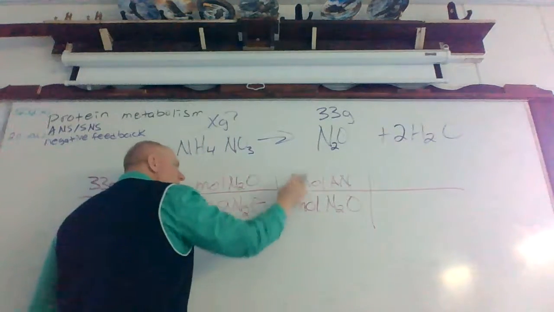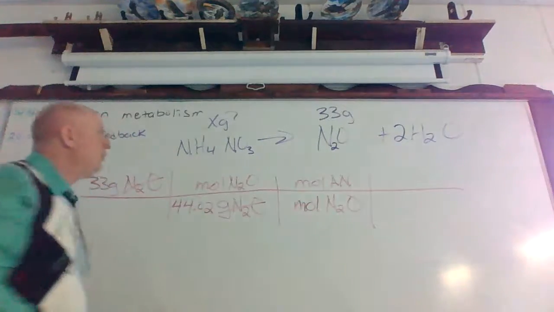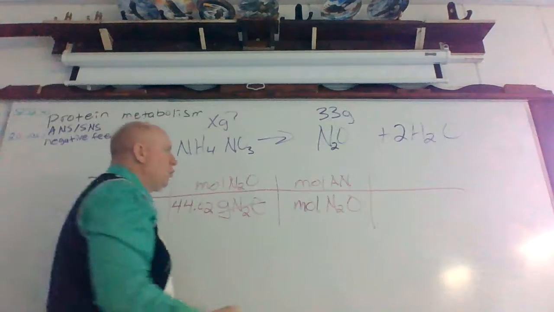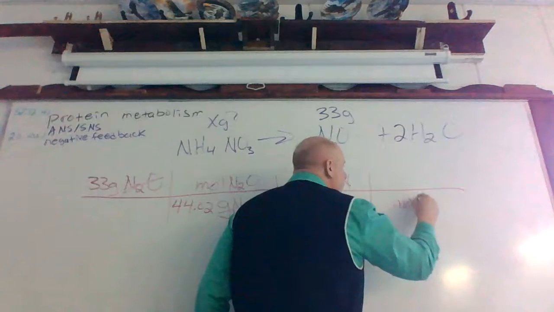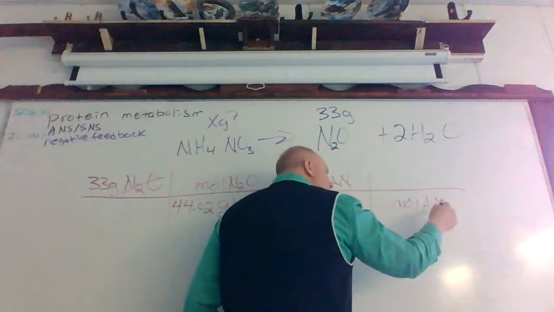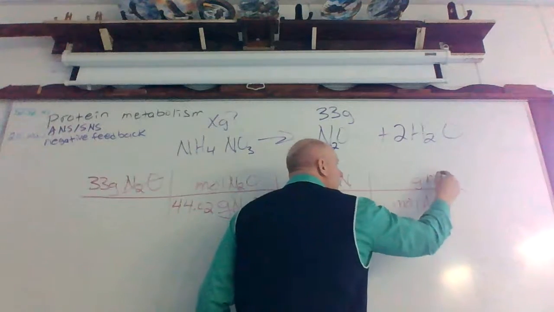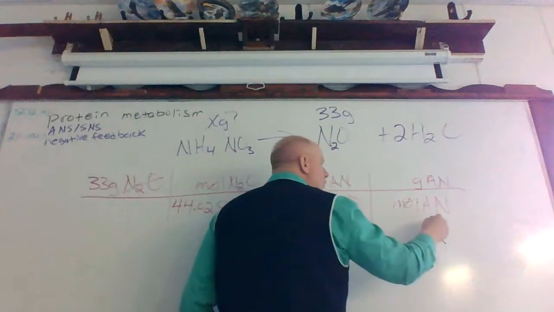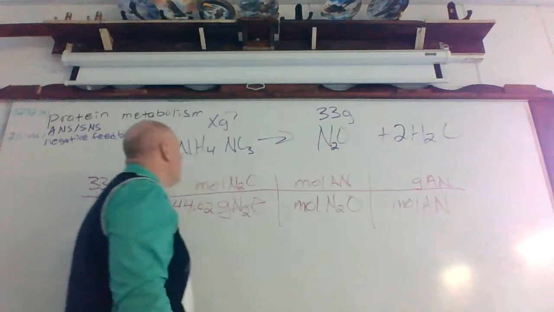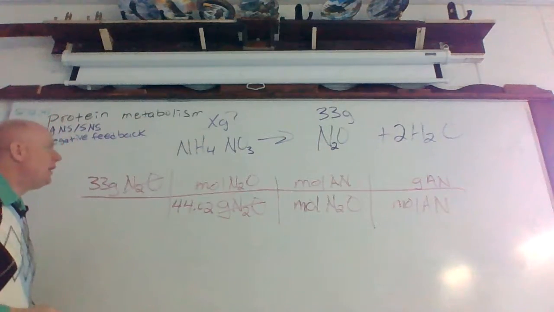So remember, anytime you see a mole over a mole, look back at your equation. We see it's 1. So for every mole of ammonium nitrate, it's fine to do this as long as you remember that we've got 2 nitrogens and 4 hydrogens and 3 oxygens.